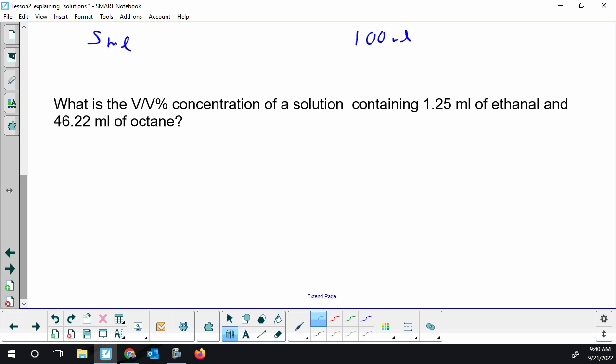So jumping into an example, what is the volume to volume concentration? We have 1.25 mL of ethanol, so it's a slightly different chemical than the one I had in the previous example. It's not a typo. It is "al" at the end, put into a little over 46 mL of octane.